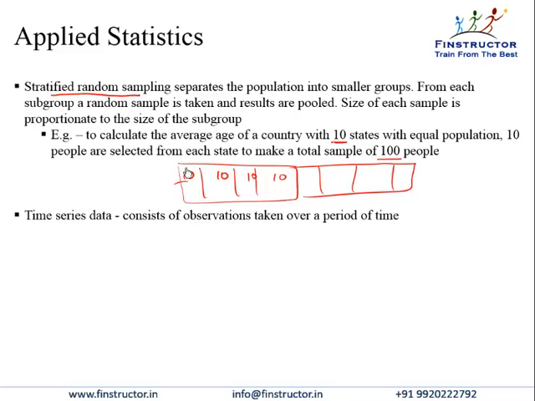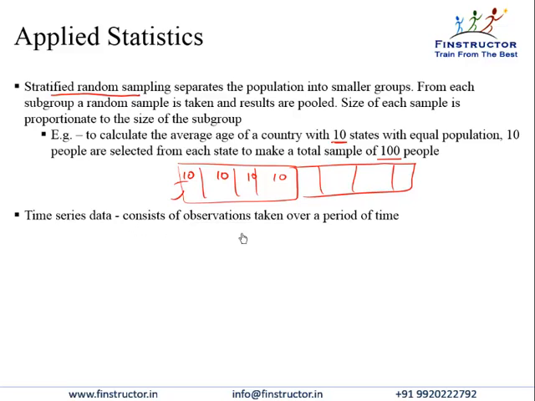So what that ensures is that each state has some representation. If our objective is to ensure that, then we can do a stratified random sampling. In a simple random sample, all 100 possibly could have come from one state also, because all items have the same probability of getting selected.